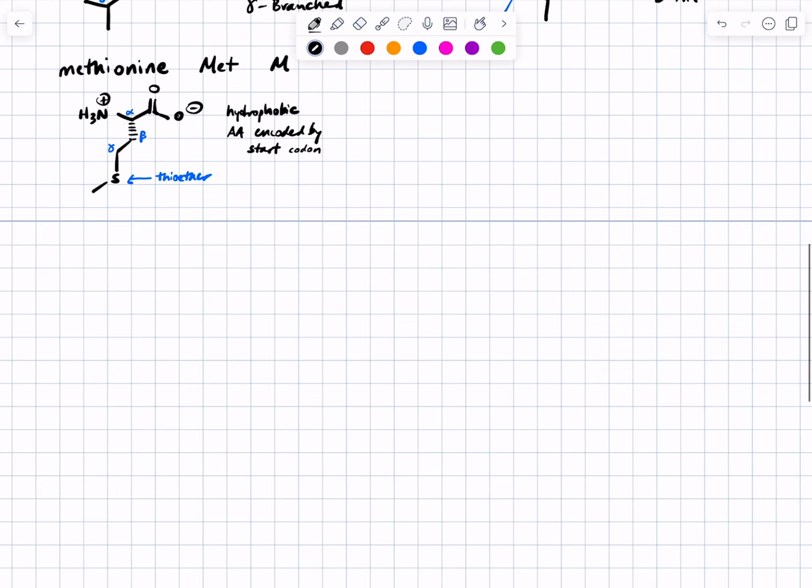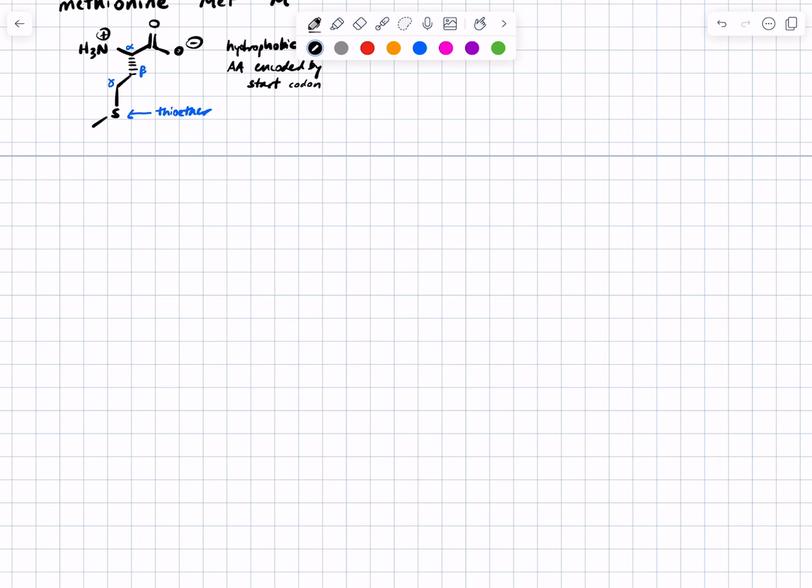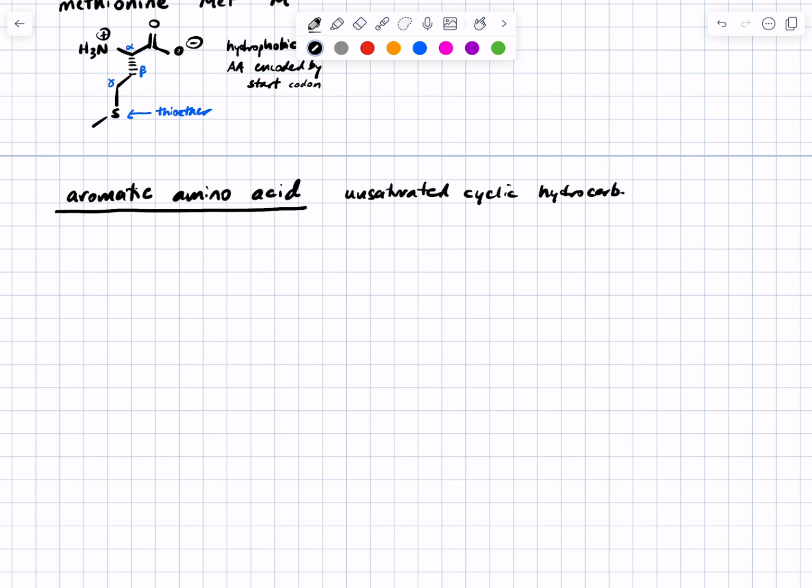The next category of amino acids we're going to call aromatic amino acids. And aromaticity, or being aromatic, is something that I haven't taught you about, but it has to do with having unsaturated cyclic hydrocarbons. It turns out there are some arrangements of atoms that are particularly stable.